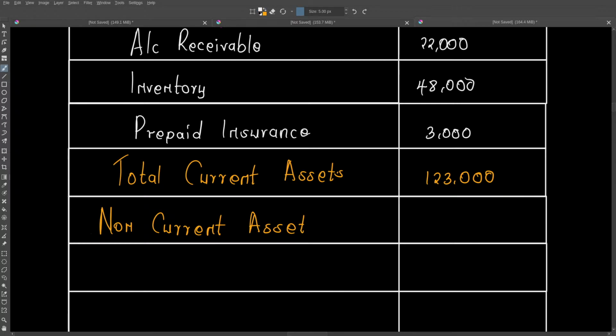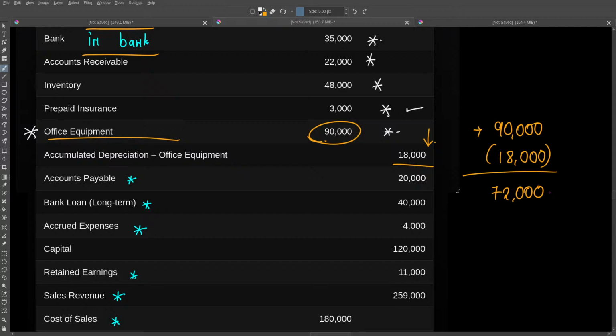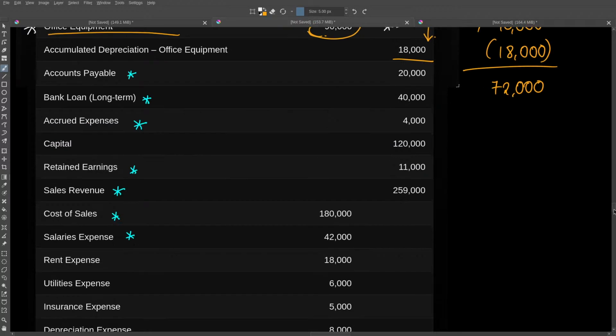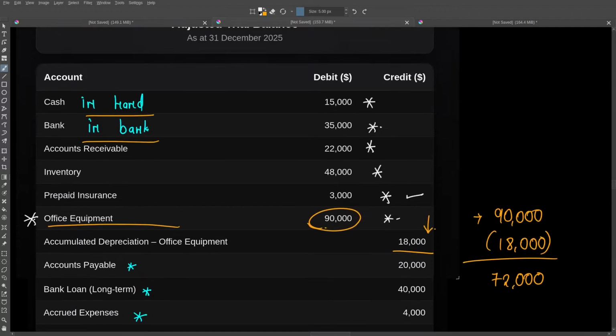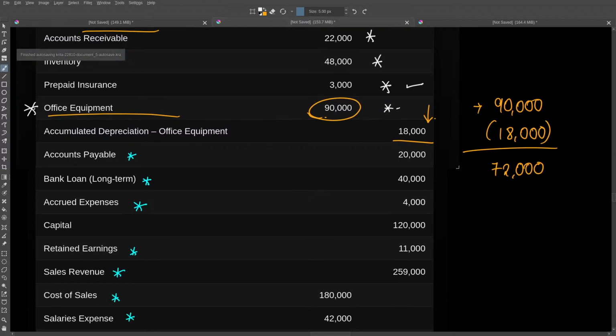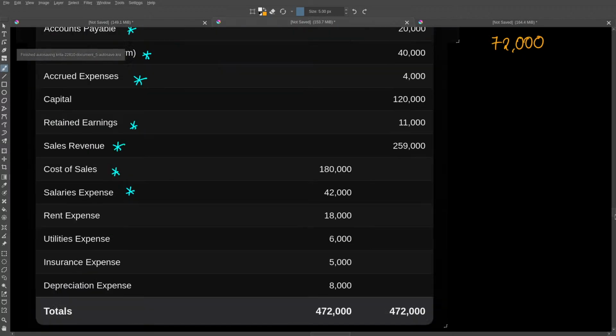So here we record our office equipment at 72,000. Do we have any other non-current assets? No. Remember, asset accounts are usually recorded on the debit side. The other things on the debit side are the expenses, which we do not include in the statement of financial position; these go to the statement of profit or loss.